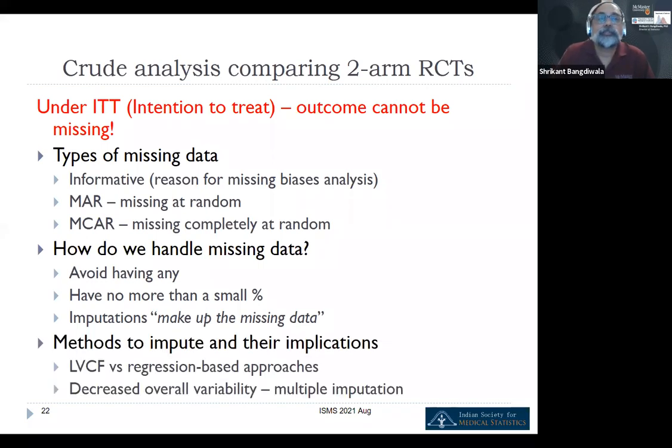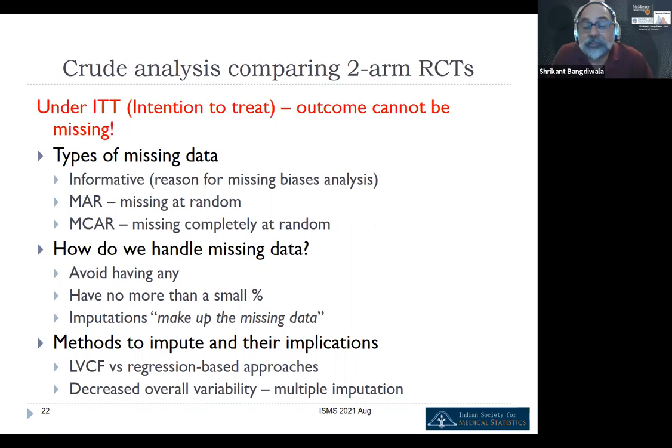There are many methods to impute in a prospective study, as in randomized trials. If we're measuring the outcome along multiple time points, we can have the last value carried forward.